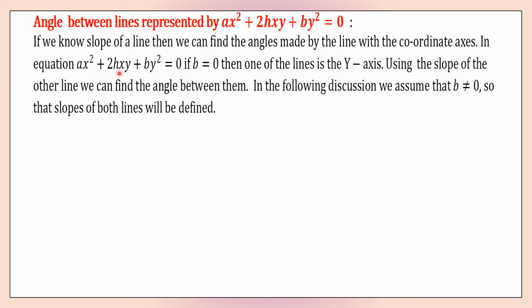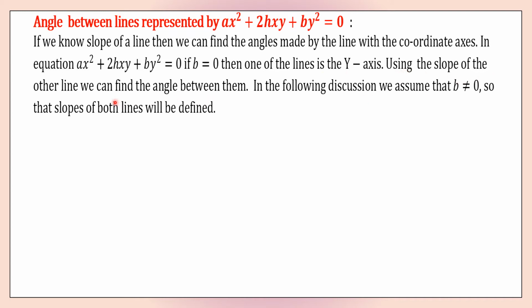Take x common, then we get x(ax + 2hy) = 0. Then x = 0 and ax + 2hy = 0. x = 0 is the line of the y-axis. That is, this line represents the y-axis.